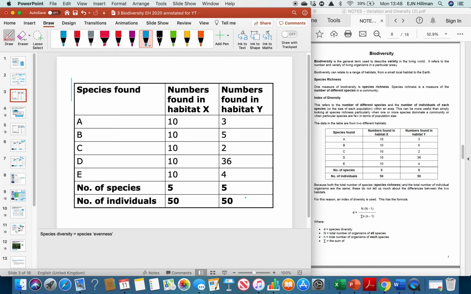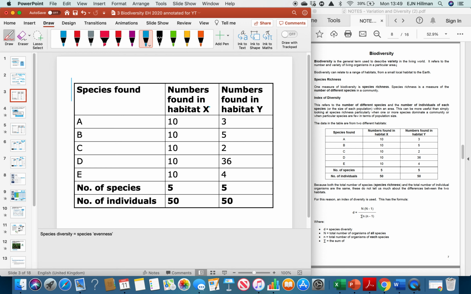Well, in certain circumstances, in certain habitats or areas, you may find that there are the same number of species. And in fact, in this example, and this example is in the notes, we have 5 different species, okay, A, B, C, D, and E. The species richness, therefore, for both of these habitats is 5. Okay, it is the same. So if you were to compare them, you might think, well, the biodiversity of those 2 habitats is exactly the same.